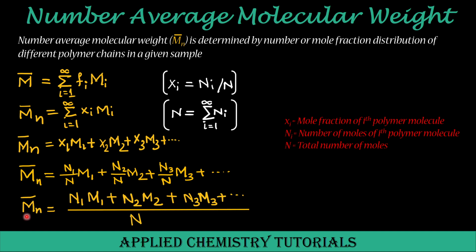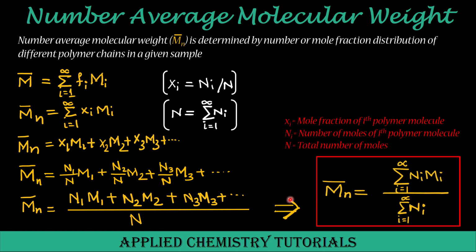Now we can write it again as Mn bar equals N1 M1 plus N2 M2 plus N3 M3 and so on over N. Now we can replace N as the summation of Ni from i equals 1 to infinity, and rewrite this expression as Mn bar equals the summation of Ni Mi from i equals 1 to infinity divided by the summation of Ni from i equals 1 to infinity. So this is the expression of number average molecular weight, or Mn bar.